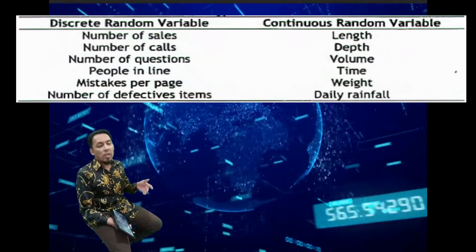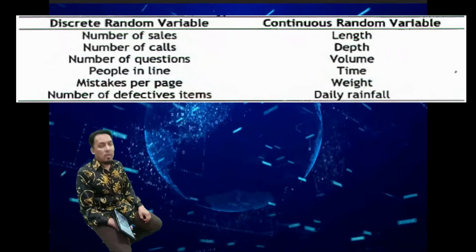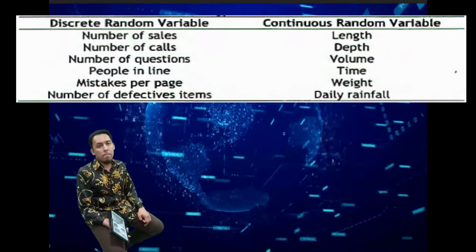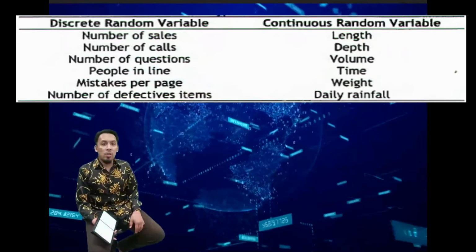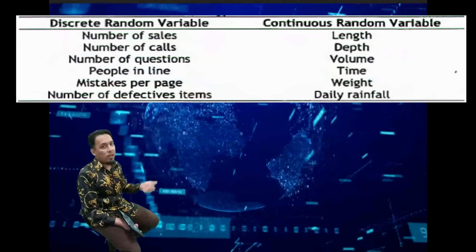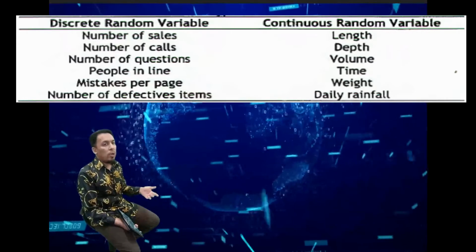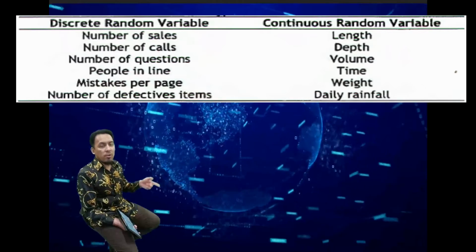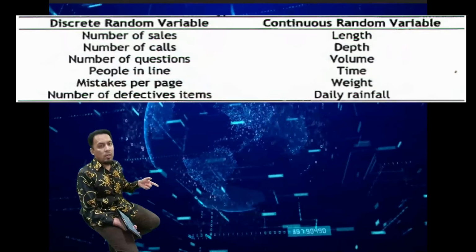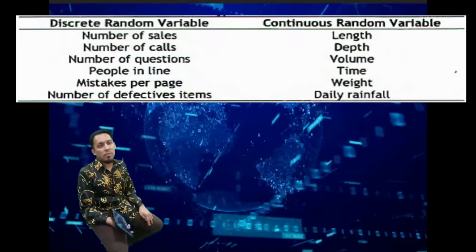All of the things that can only be counted and not measured are discrete random variables when you use them for your experiment. As for continuous random variables, we have length, depth, volume, time, weight, and also daily rainfall. Notice that all of these random variables have values that can be measured in decimals.